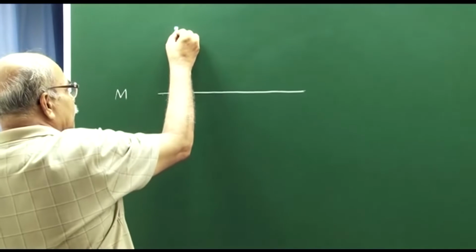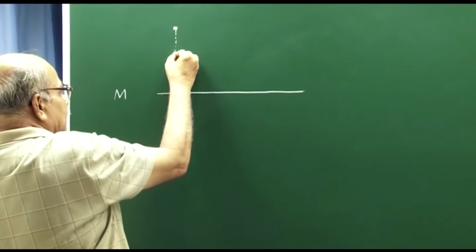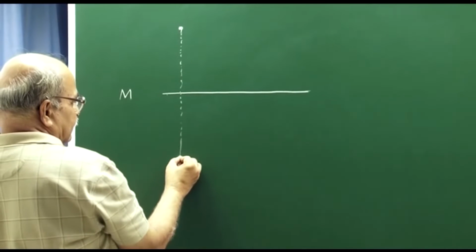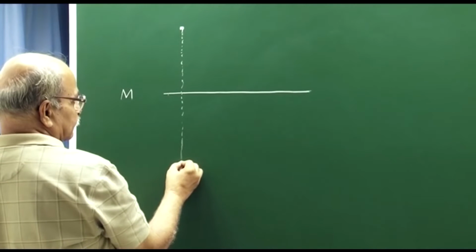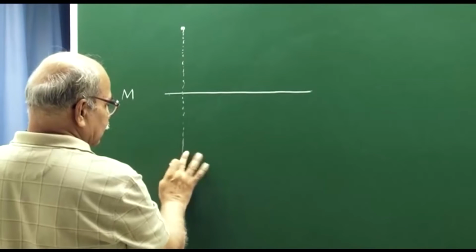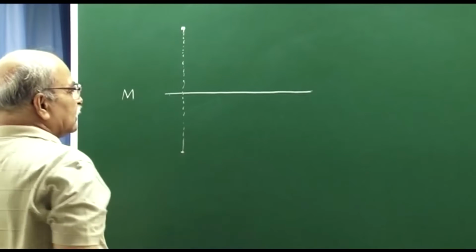Now let me draw a perpendicular, and at the same distance here I just consider a point. This distance and this distance should be equal. So let me put a point here.